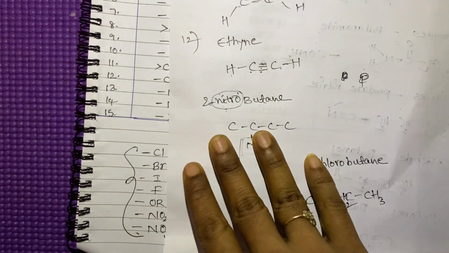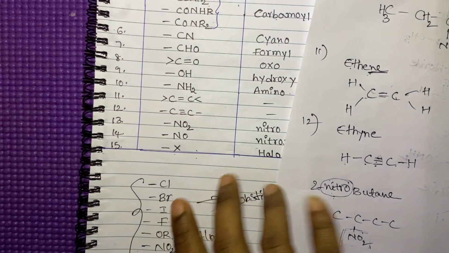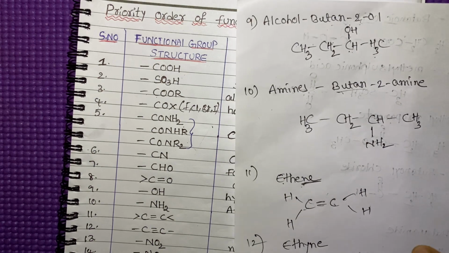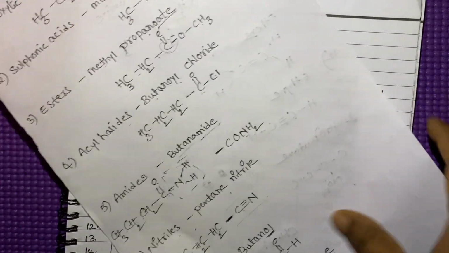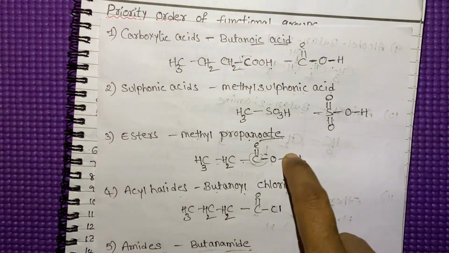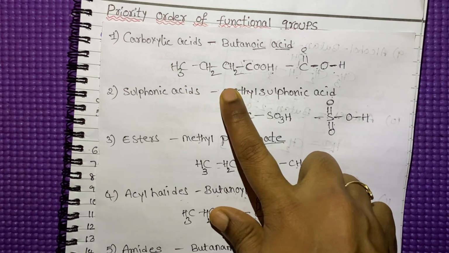This is about the priority order and the complete structures of the functional groups. This priority order is very, very important for compounds containing more than one functional group. You observe or not, in each and every example we are taking only one functional group. So, we have to give the numbering from the functional group side.